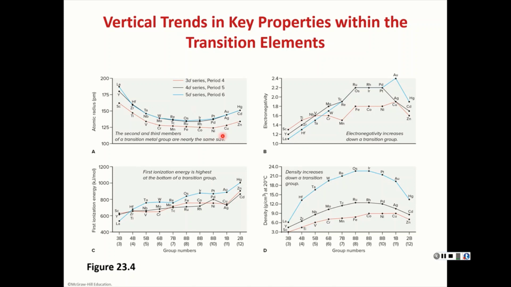That trend is most obvious with atomic radius within a family, where row 4 and row 5 are different, and row 5 and row 6 are not very different. For density, though, you can see big increases as you go from red to black to blue, so down a family, getting much, much more dense.